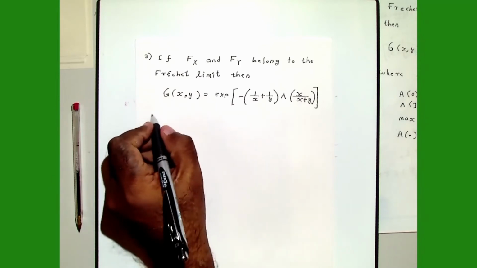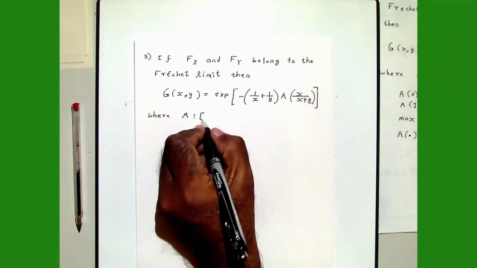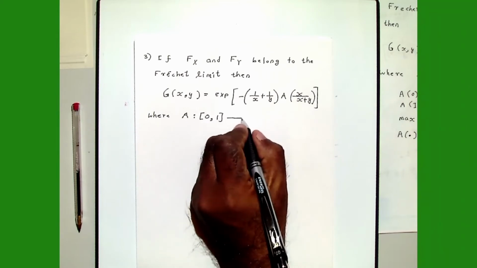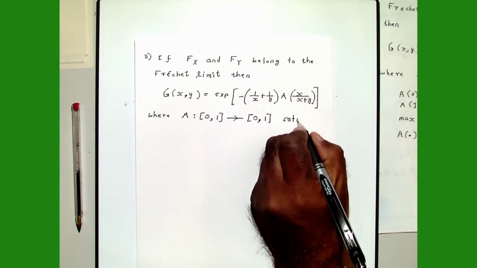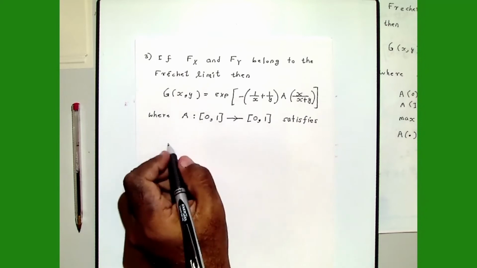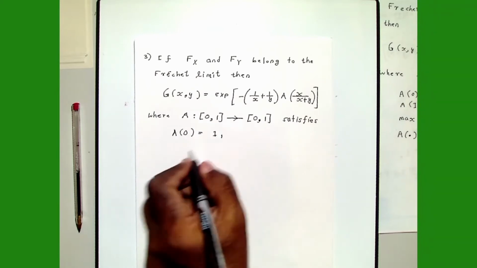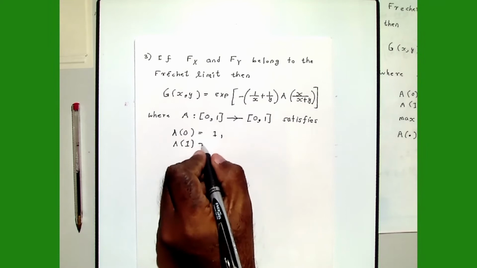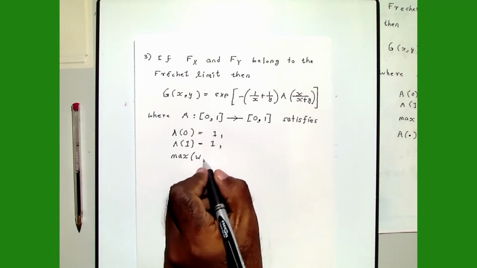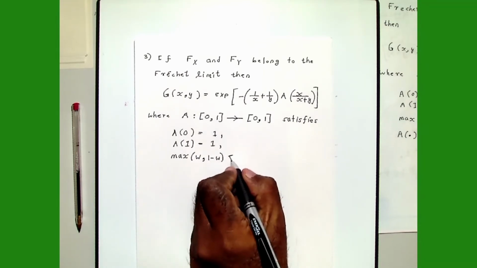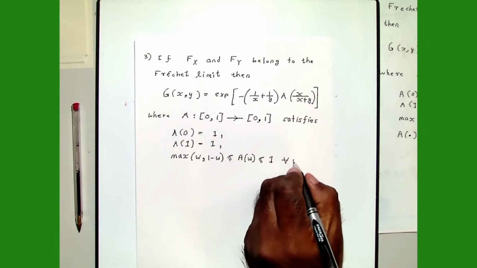Where A is a function from the unit interval to the unit interval, and it satisfies the following conditions: that A of 0 must be 1, A at 1 must be 1, all right.